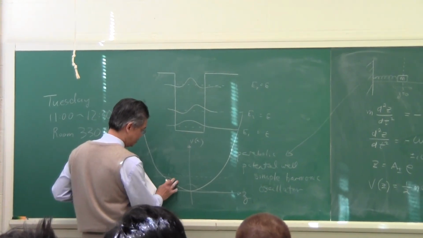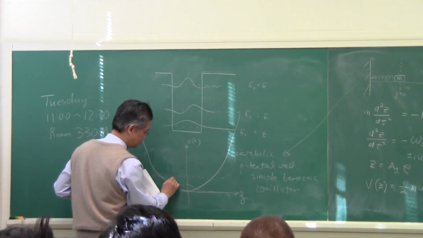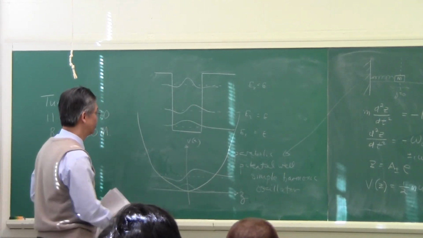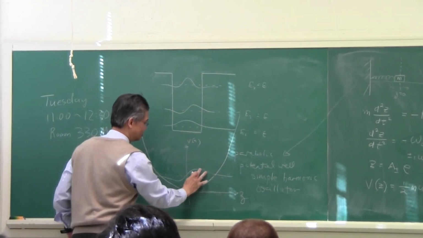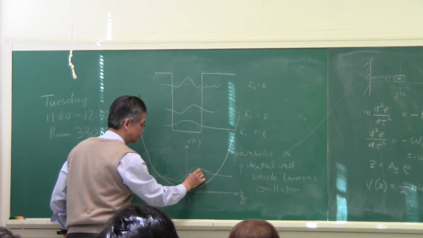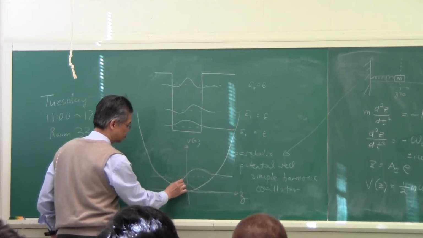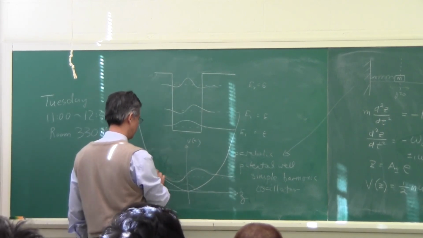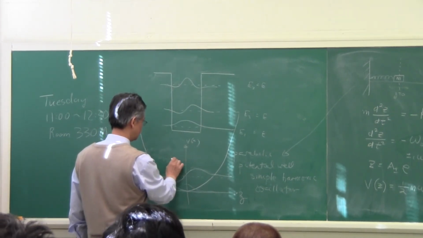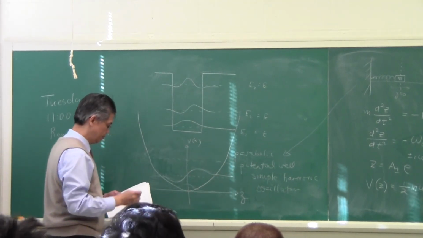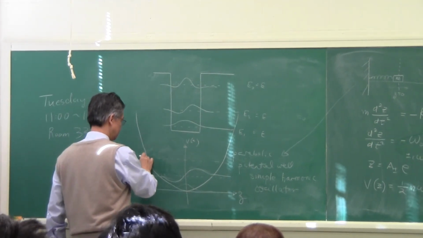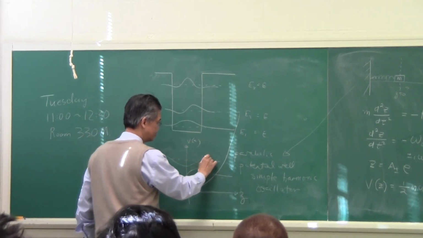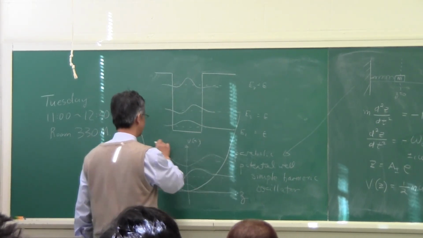So it is like this with a sinusoid. And then if you look at the next one, it will look something like this. Evanescent outside, oscillatory inside, and then evanescent outside. It goes on and on.